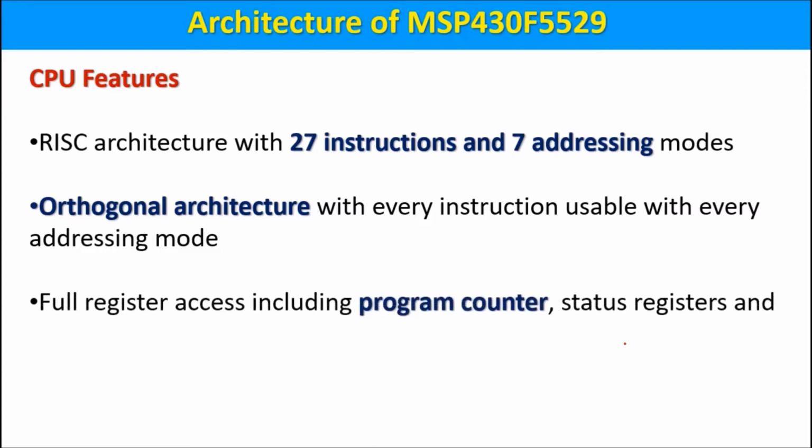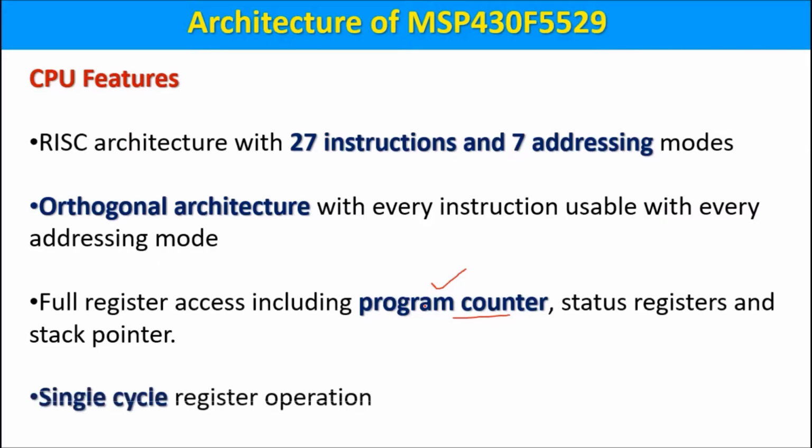Full register access including program counter, status register, and stack pointer. In other controllers or processors, the user doesn't have access to the program counter, but here the user can write or read data in the program counter register also. Single cycle register operation: to operate on a register, you need only one clock cycle.